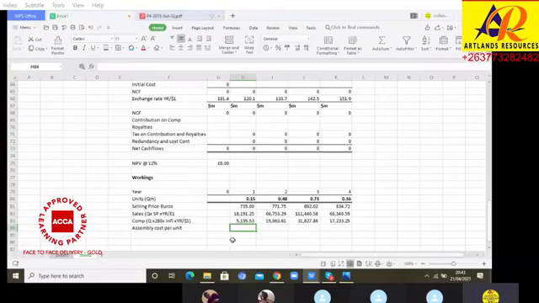So what I do is I say year 1 equals 15,960 times 1,22. Then if I want year 2, I say equals year 1, because inflation is now 14.7%, times 1,147.